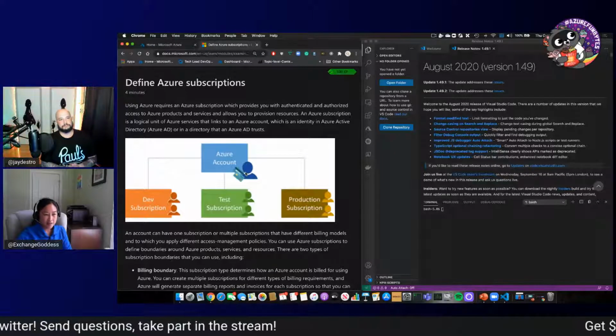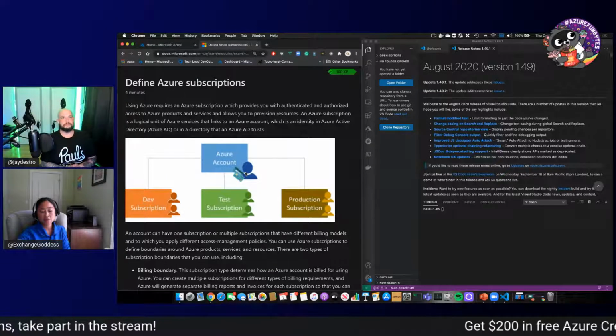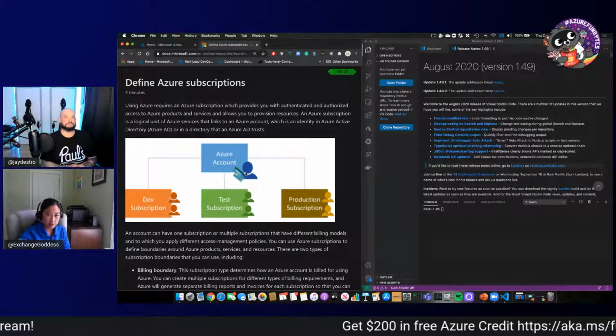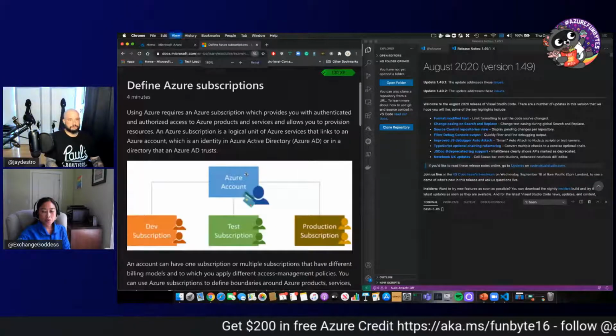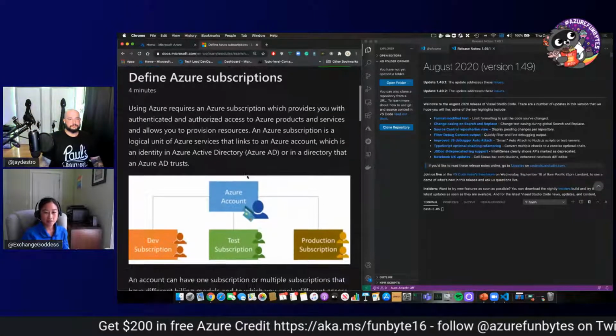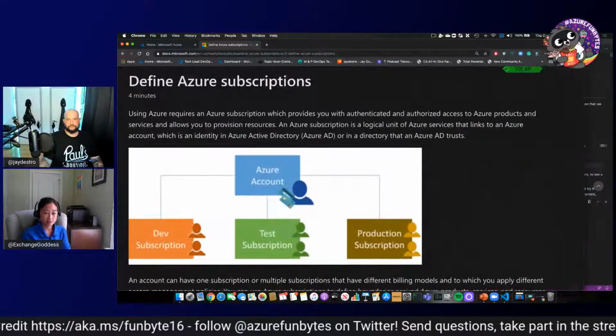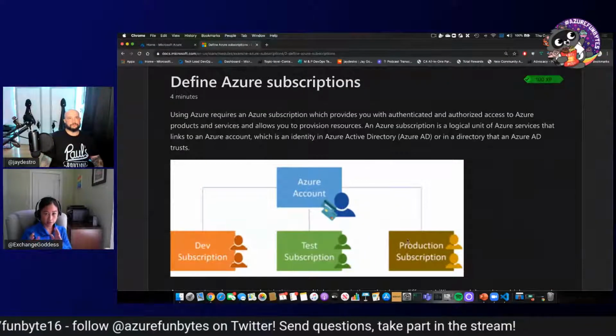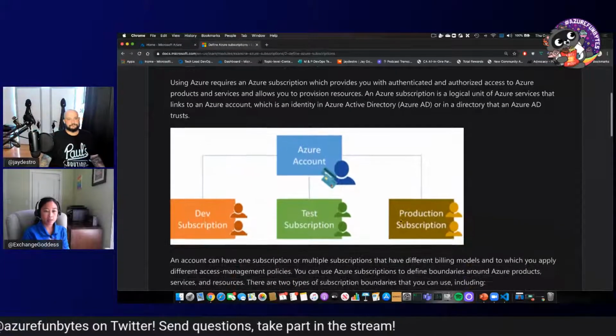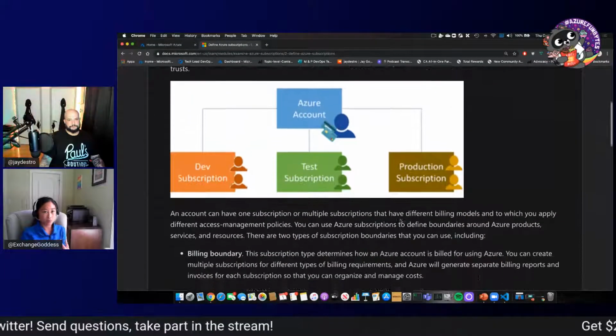Yeah, and there was one section there, defining Azure subscriptions. Now, when you sign up for Azure, you really have to understand what type of account you have. That's the first step, right? Because that's really going to define how you set up your subscriptions.